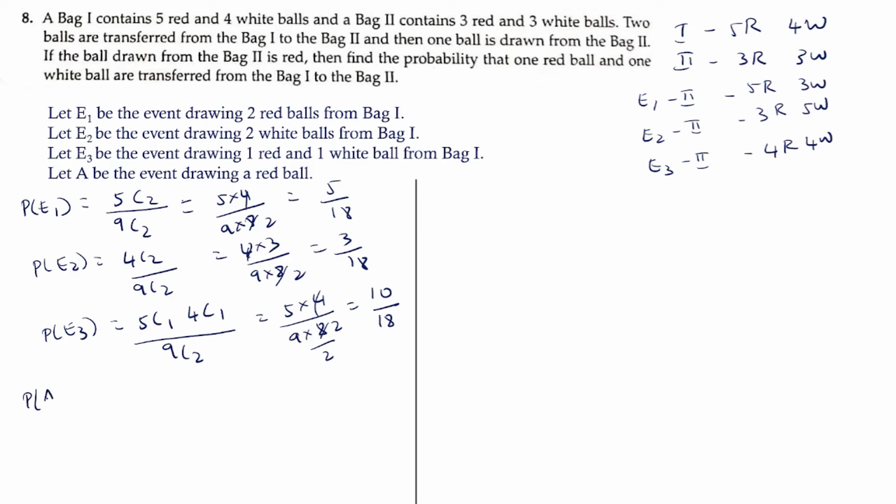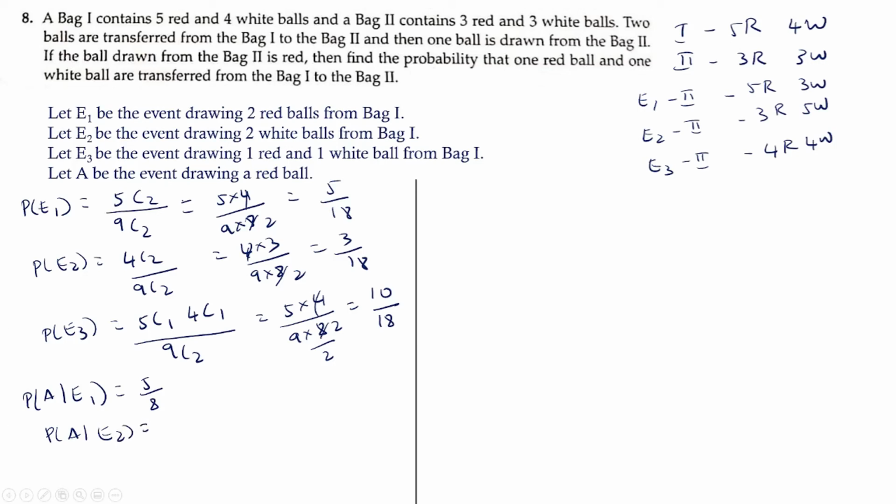Now probability of A given E1. So A is the event drawing a red ball. Probability of drawing a red ball given E1 has occurred is drawing a red ball from 5 red and 3 white balls. So probability of A given E1 is 5 by 8. Then probability of A given E2.